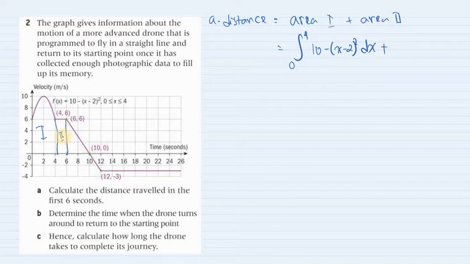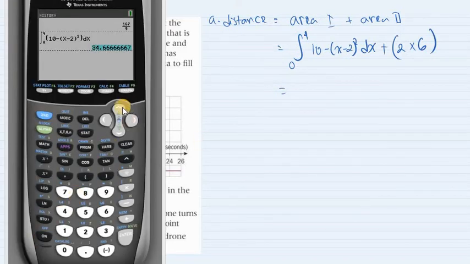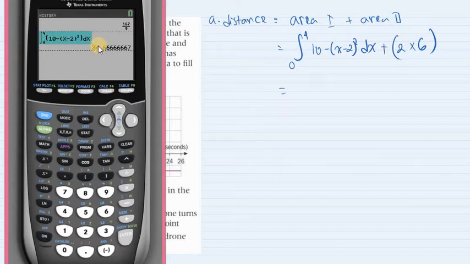Area 2 is a rectangle, as you can see, with the width 2, from 4 to 6 is 2, times the height from 0 to 6, which is 6. Okay, so if you input this to your calculator, you will have 34.6666 or 34.7.